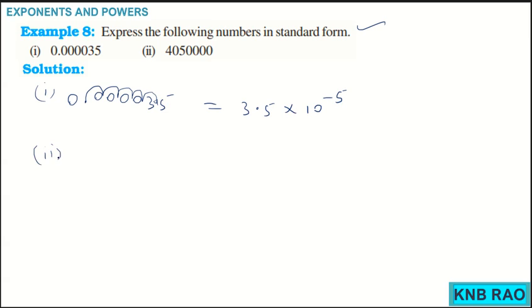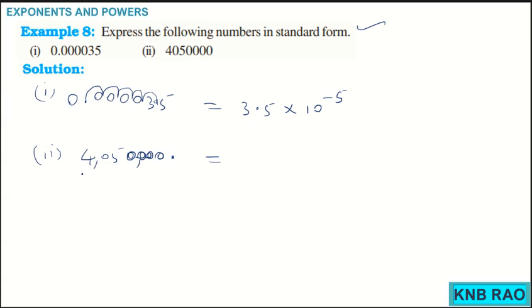Coming to sub question number 2, 4050000. It is a big number, a large number. So the power should be positive. How do you read this number?